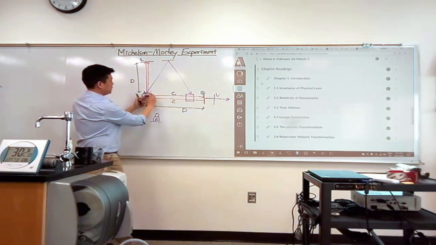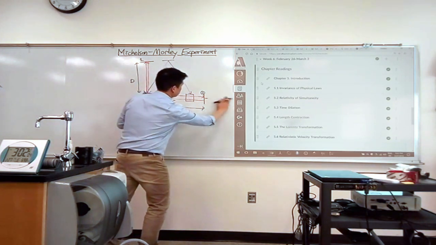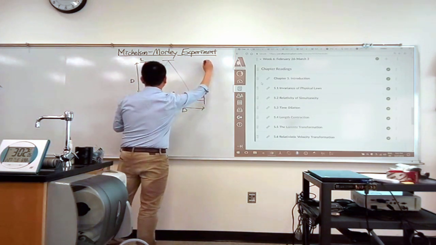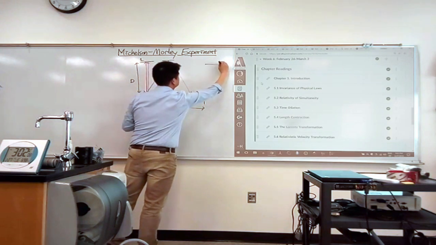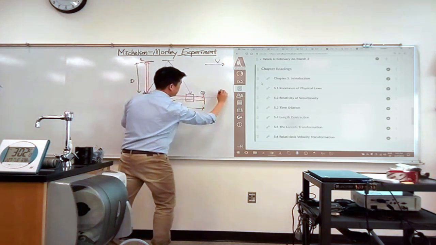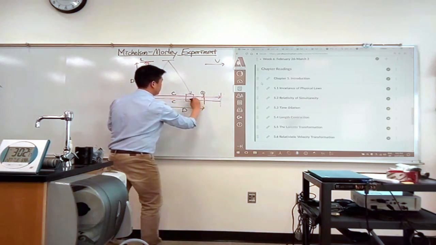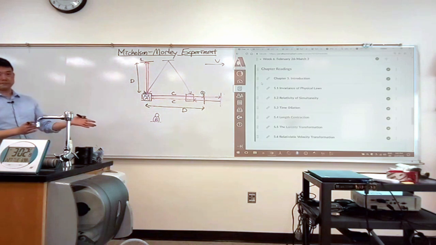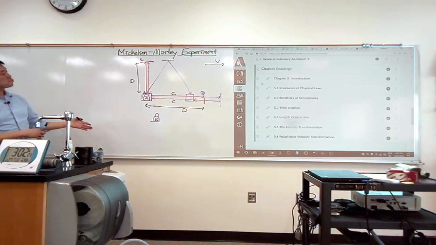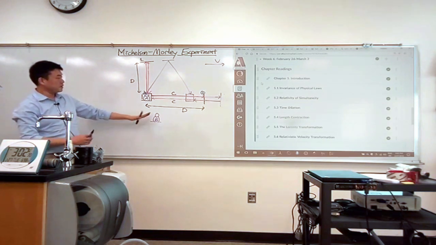And after the light, let me draw this v up here. So by the time light gets to this here, and it bounces back this way. Good? All right. That seems okay, right? That's what B would see here.